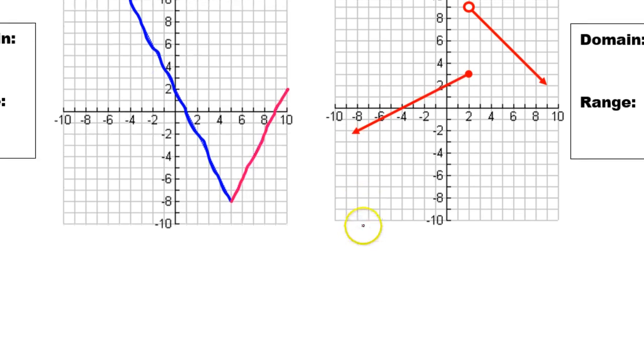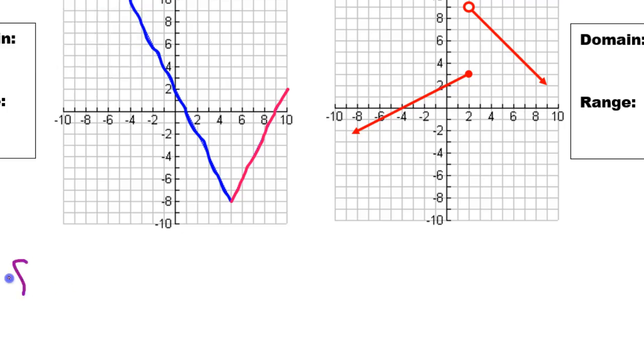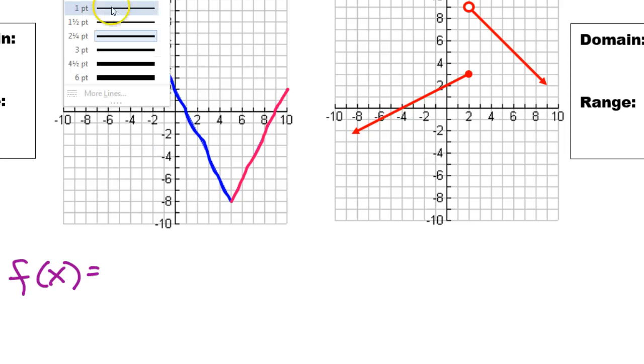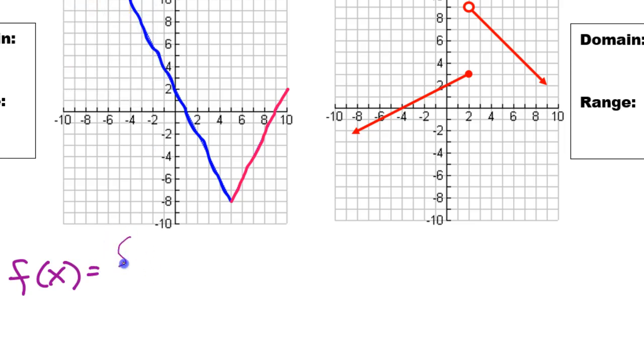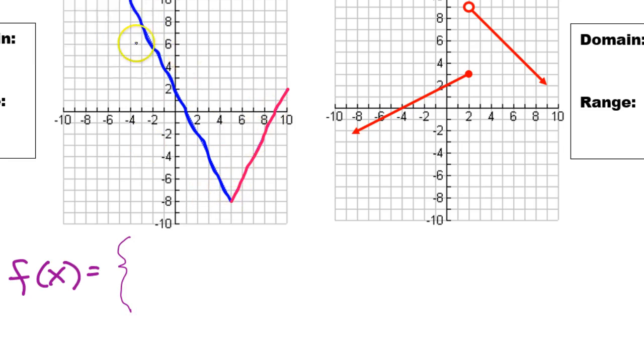So if I want to make a piecewise function, we'll have f of x equals, we need an equation for the blue side, and we need an equation for the red side. So think y equals mx plus b. We need the slope, and we need the y-intercept of the blue line.